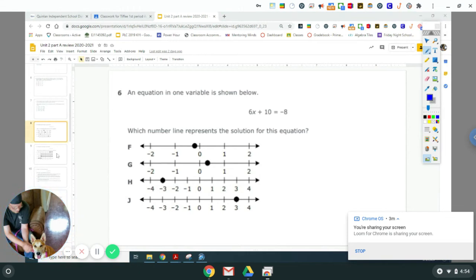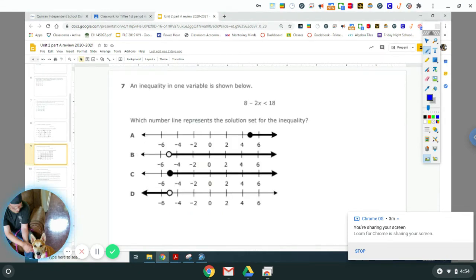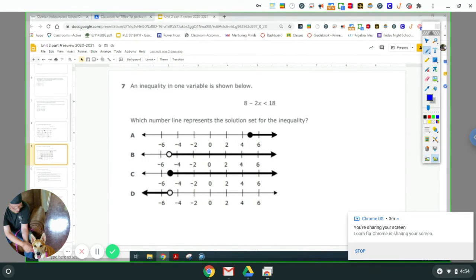Okay. Number 7. Inequality. So we're going to solve this inequality. So we have 8 minus 2x is less than 18. So you're going to draw your line, subtract 8 from both sides. This cancels out. This subtraction sign now becomes a negative.